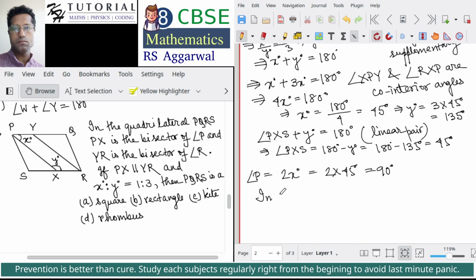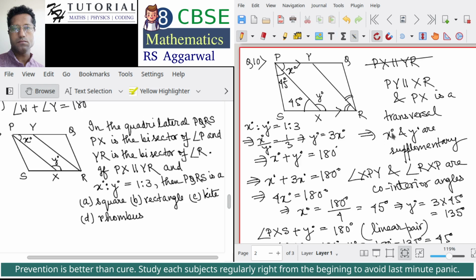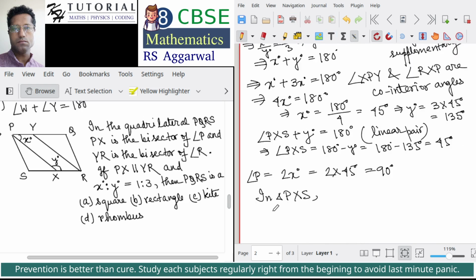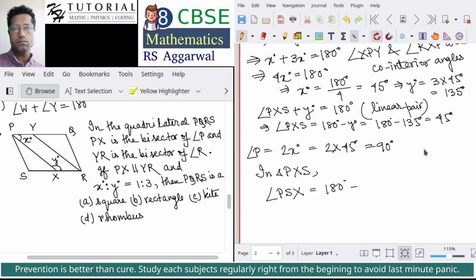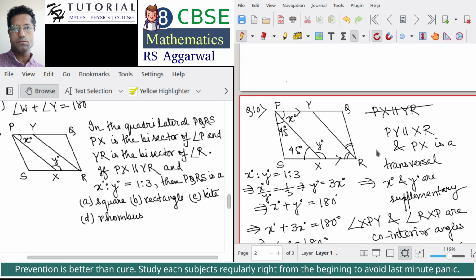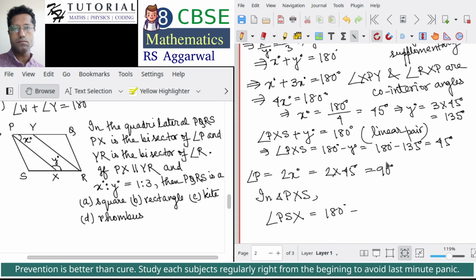in triangle PXS we are having angle PSX. Using the angle sum property of a triangle, this will be equal to 180 degree minus angle XPS minus angle PXS.